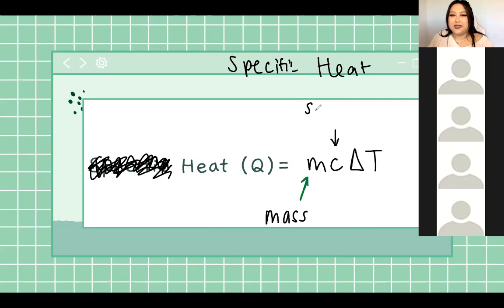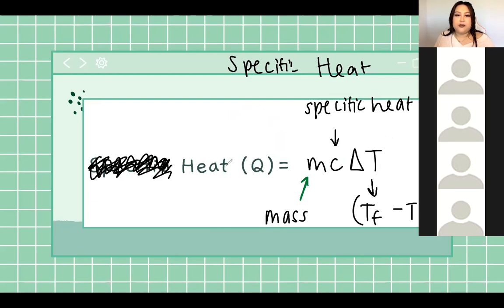Specific heat, and that's usually given to you because it's specific for each substance. And then delta T is T final minus T initial. Okay, any questions on the formula?